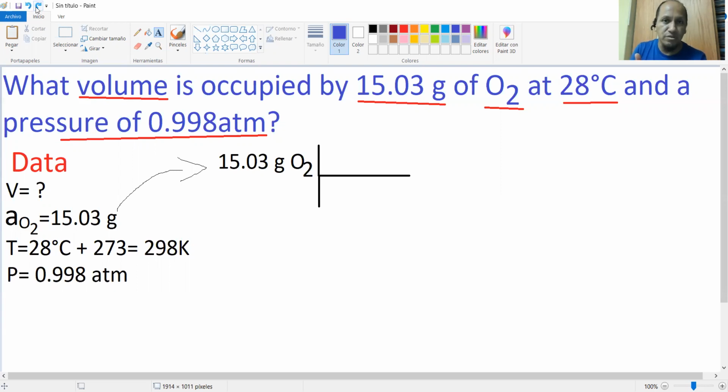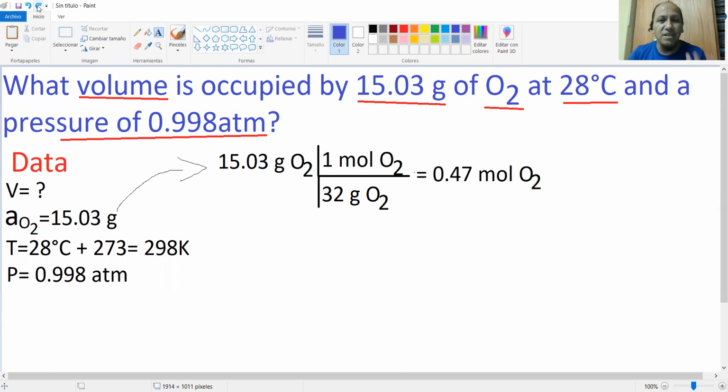So you open the conversion factor as we studied before, and you put the equivalence, knowing that a mole of oxygen gas has a mass of 32 grams. Then you pass the 15.03 grams of oxygen to moles of oxygen. That becomes another important data.